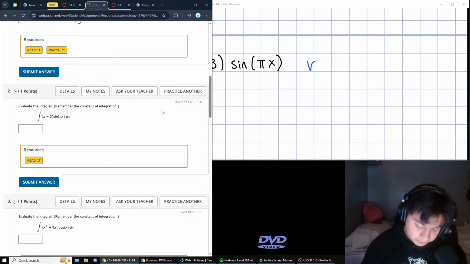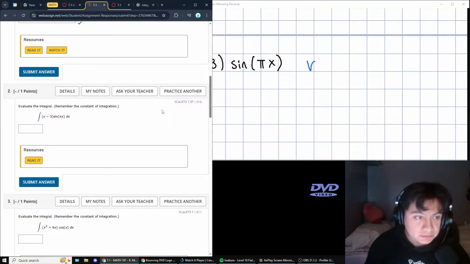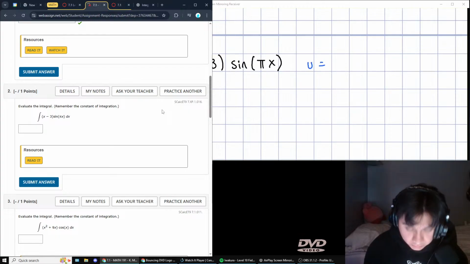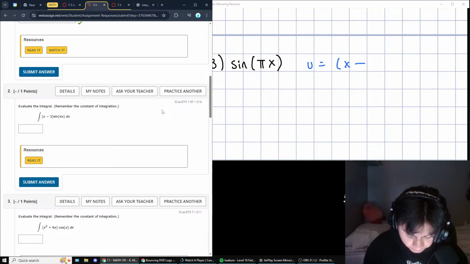I'm doing this in a different color because I feel like you can see it better. So UV. Oh wait. I'm gonna let u be x minus 3.